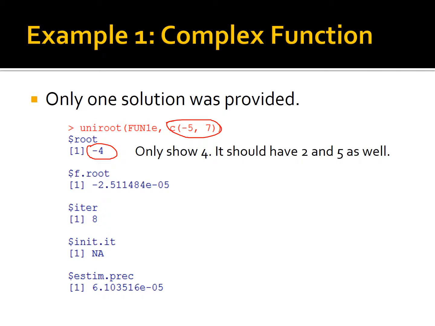So every time you use uniroot, you need to be aware that even though you got a root such that f.root is close to 0, it does not mean that there is only one zero. It could have multiple zeros.